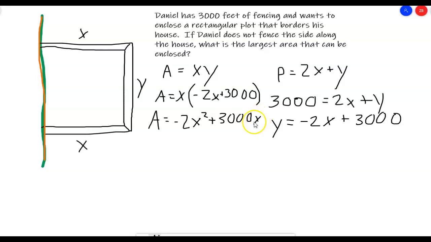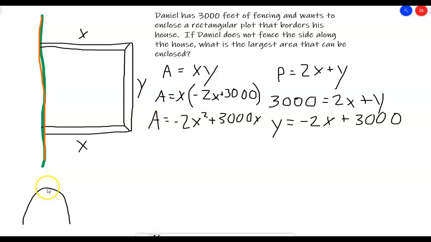All right, now I have a quadratic, and if I want to maximize this, think about what a parabola is. This is a quadratic, which is a parabola. It's a downward facing parabola, so it's going to look like this, and the A corresponds to my y value. So where do I have the highest y value, or in this case the area?